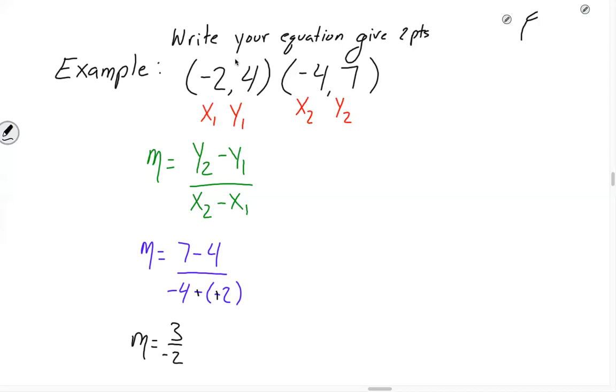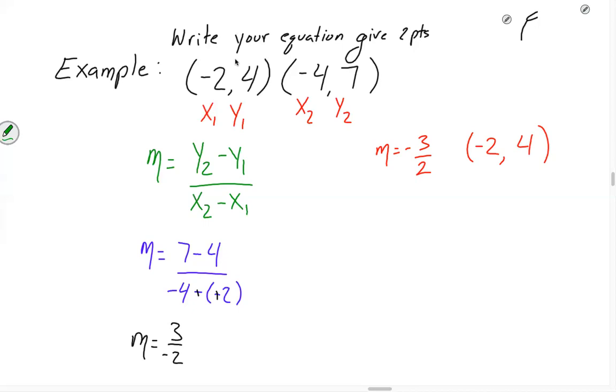So my slope is -3 over 2. Now I need to choose a point. I'm going to choose this one on the left, which is -2, 4, and I'm going to take my slope, which is -3/2.